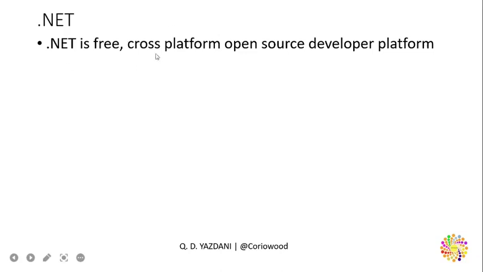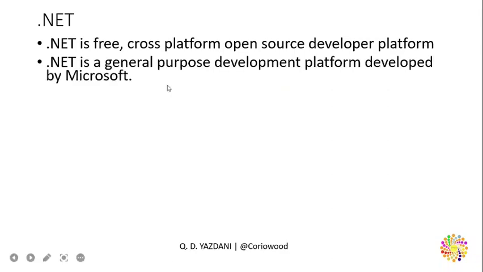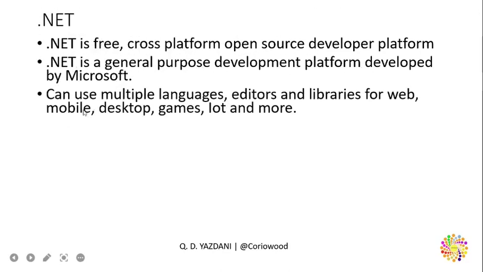So .NET is a free, cross-platform, open source developer platform for building many different types of applications. .NET is a general purpose development platform developed by Microsoft. With .NET, you can use multiple languages, editors, and libraries to build for web, mobile, desktop, games, IoT, and more.